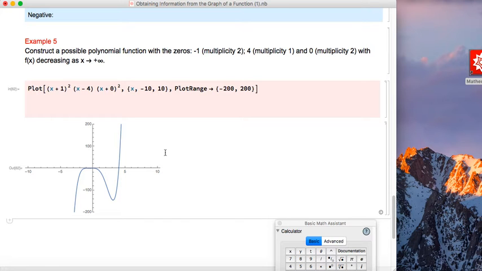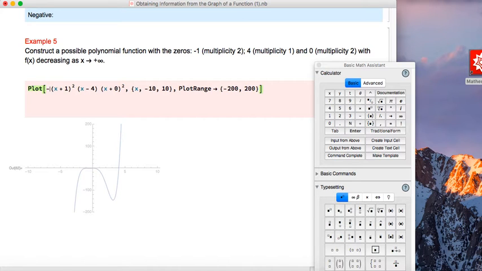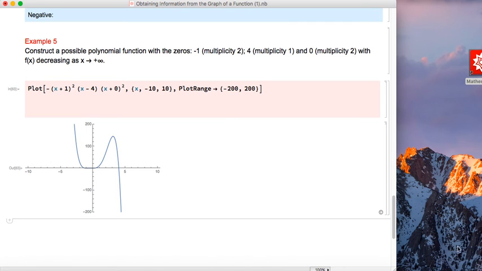So possibly we could flip this graph so that it goes down and becomes decreasing. And remember, how can we flip it? You can simply multiply by -1, or negate this function. Okay, so when x goes to positive infinity, f(x) is decreasing. Now we have completed this.